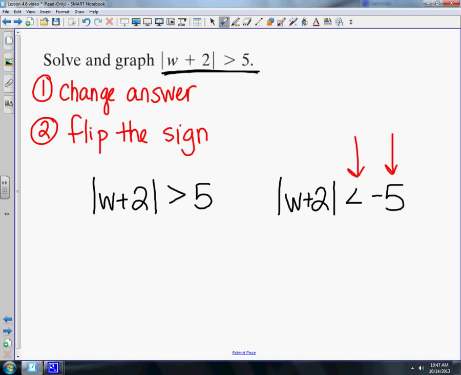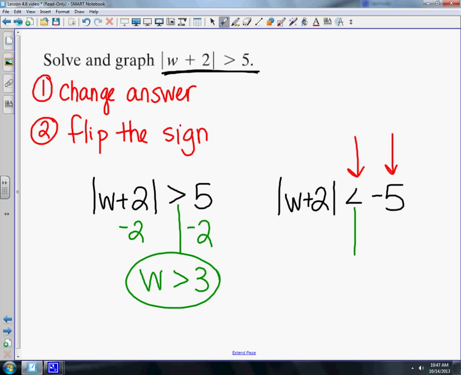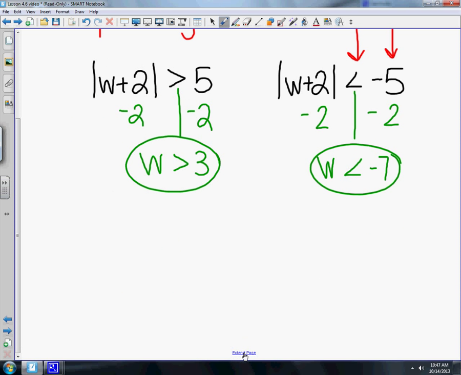So if I do this, okay, I'm going to minus 2 from both sides, so then I get w is greater than 3. That's my first answer. Here I'm going to minus 2, so then I get w is less than negative 7.